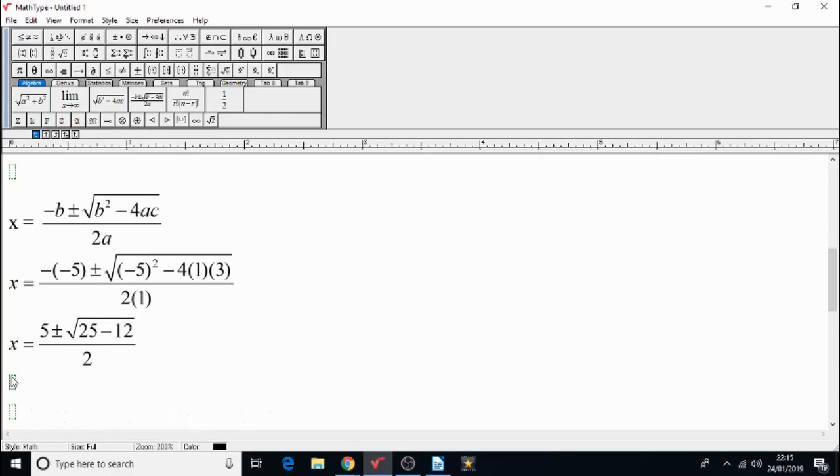So now we can key it into our calculators. Because it's plus or minus, we're going to do the first one, when x is equal to 5 plus the square root of 13, because 25 minus 12 is 13, divided by 2.